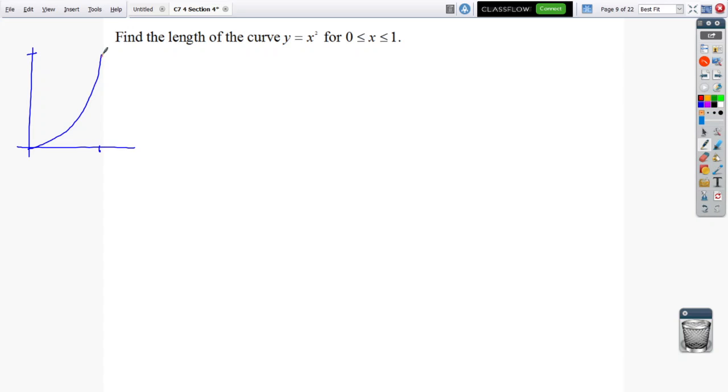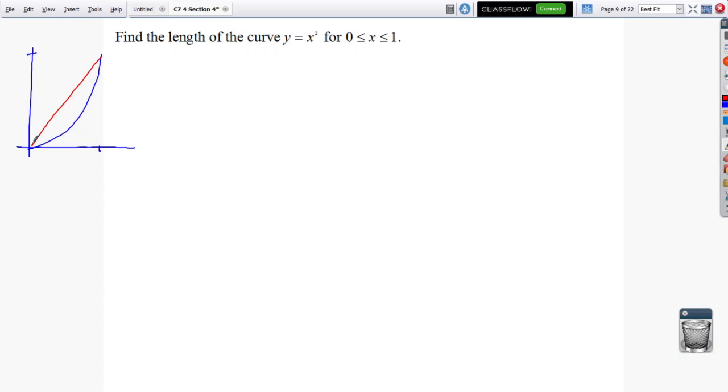One thing that I do like to do here is evaluate the linear distance. So the linear distance here, just drawing in my right triangle, from the beginning of the interval to the end of the interval, I just call that d, is equal to the square root of 1 squared plus 1 squared. You can use the distance formula, but really the distance formula is just the Pythagorean theorem.